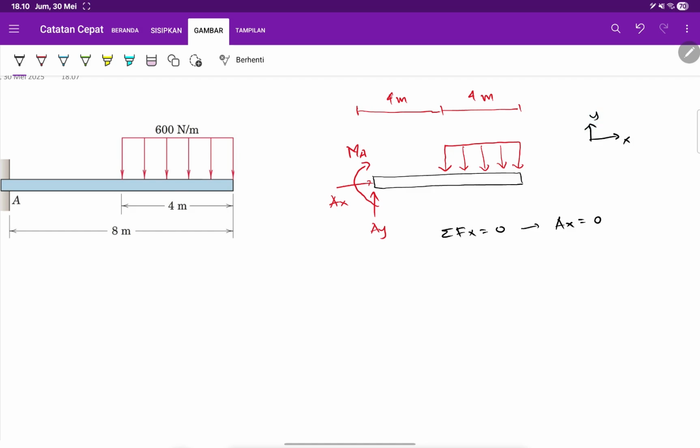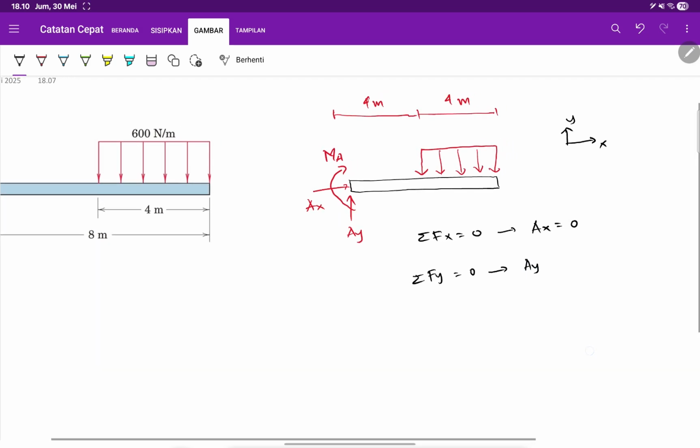And then you can check sigma Fy equals 0, and then you have AY, which is positive, and negative 600 times 4, so that's the equivalent force, and it should be located somewhere here, right in the middle.